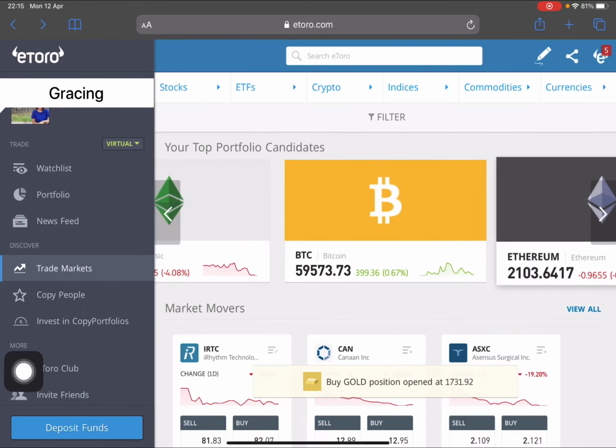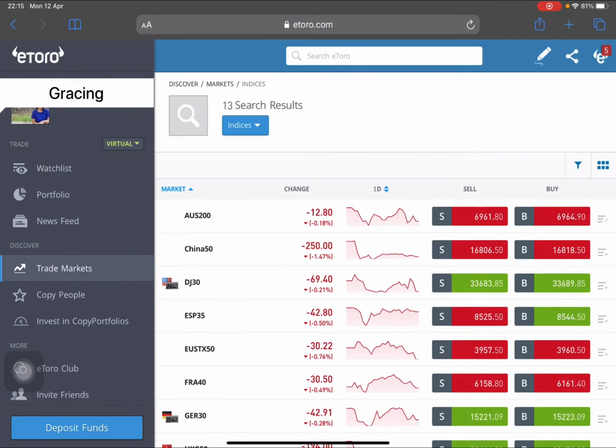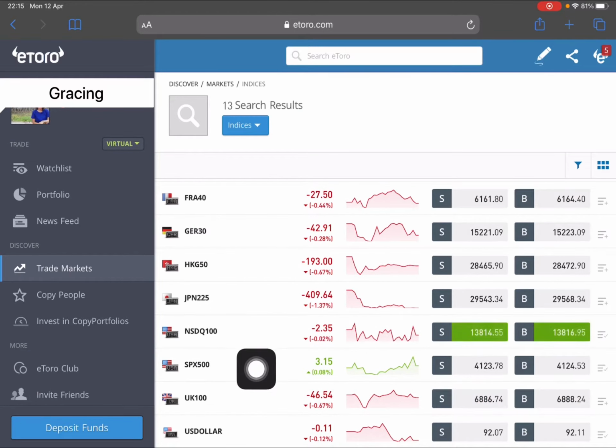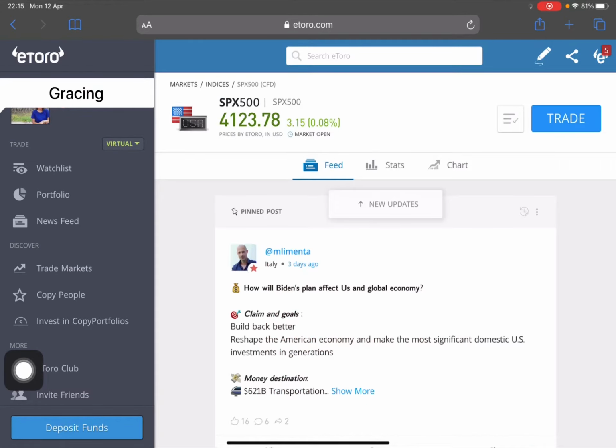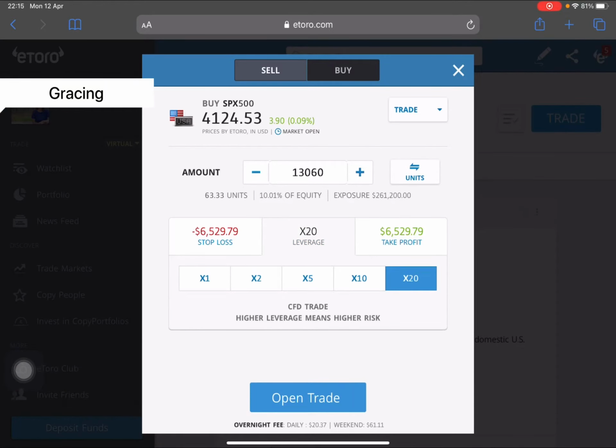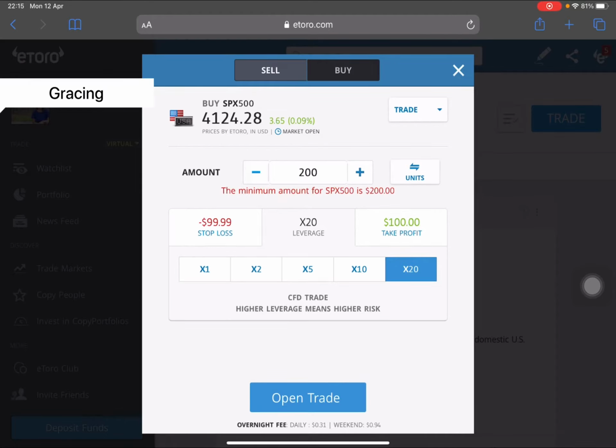Now let's try some index. I'm very familiar with SPX 500. I'm trading this. We will also use X20, but I will put in only 100 US dollars so that it's easier for you to compare.